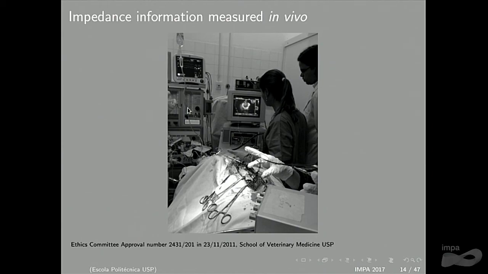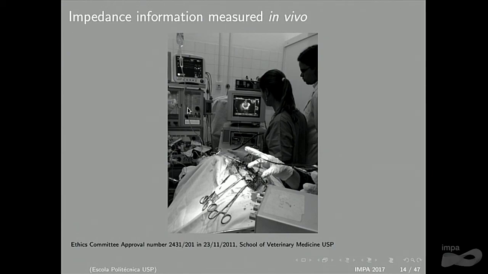But our model was based on resistivity, and so there was no other way but measuring directly the impeditivity of the tissues of the thorax in vivo. So 9 pigs were tested.